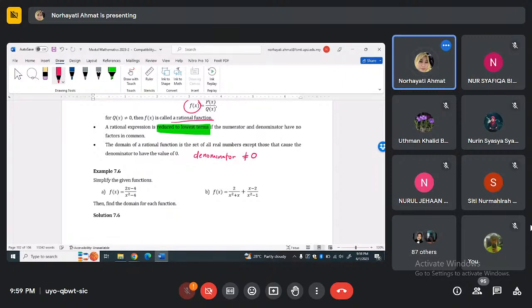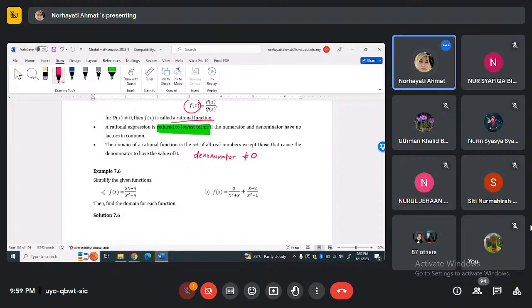Okay, so if the denominator equals 0, means we have asymptote. Okay, I already mentioned this term. Asymptote is a line that the graph will not touch. Okay, will not touch. Although we increase the value of x until approaching the value, if the graph approaches it, it still does not touch the line. So that is asymptote.